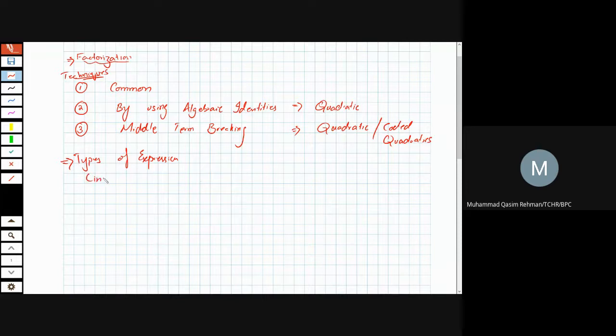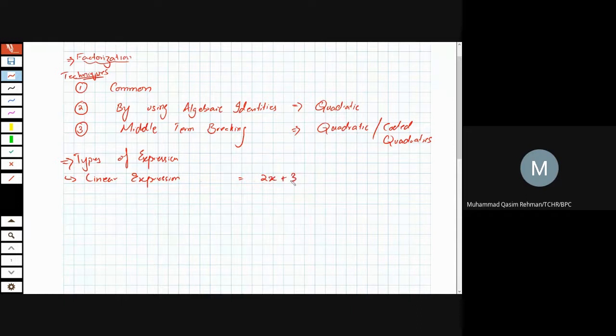The first is a linear one. Anyone who can explain what a linear expression is? It has a maximum power of 1. For example, let's just use numbers instead of constants: 2x plus 3.